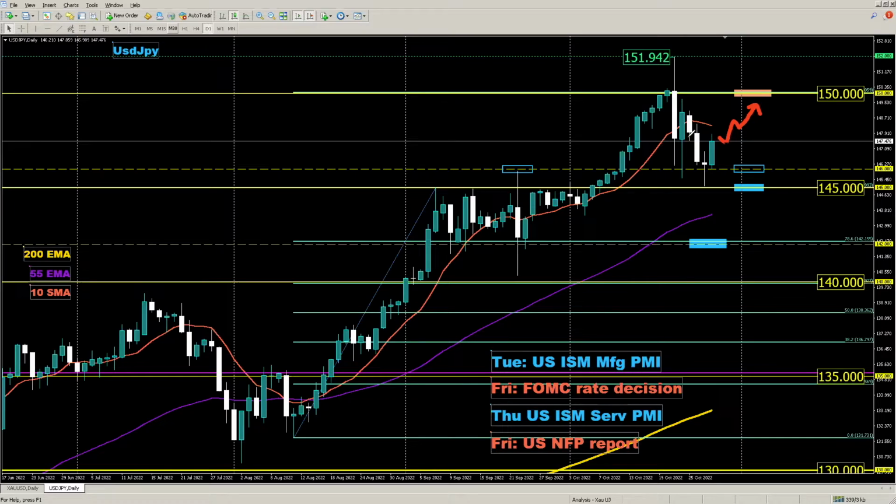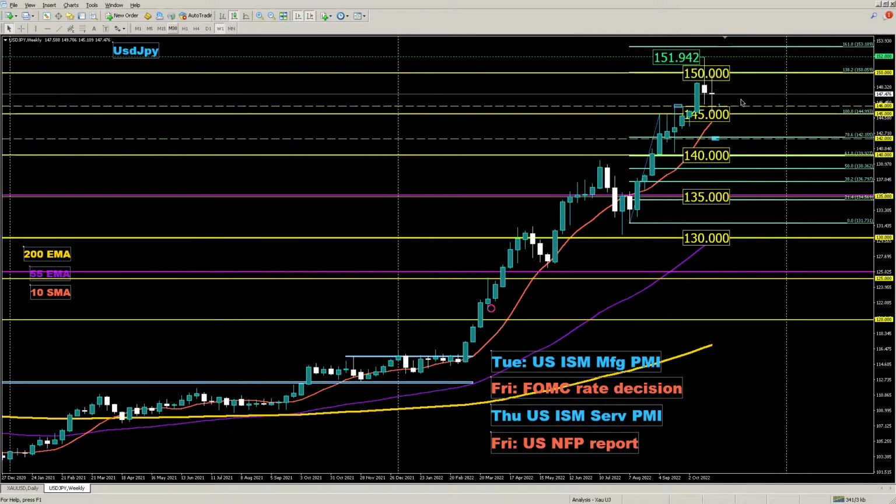So there was some intervention last week as well to push it back down, and it did cross the 146 round figure to really hit the key support at 145, which was the previous intervention level as well. So for the week, it closed as a doji, not surprisingly. So it stayed indecisive and neutral.